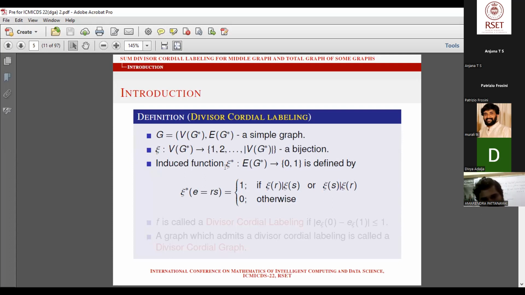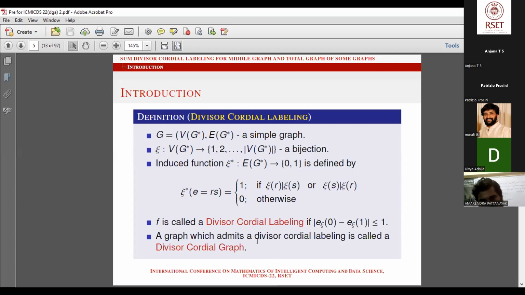The induced function f* from E(G) to {0, 1} is defined by f*(uv) equal to 1 if f(u) divides f(v) or f(v) divides f(u), otherwise 0. If the function satisfies the condition that the total number of edges having label 0 and the total number of edges having label 1 differ by at most 1, then this graph is known as a divisor cordial graph.